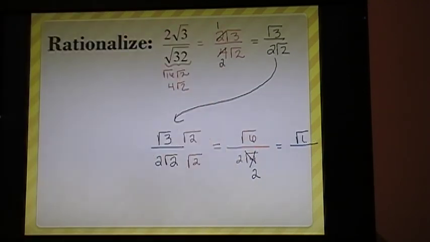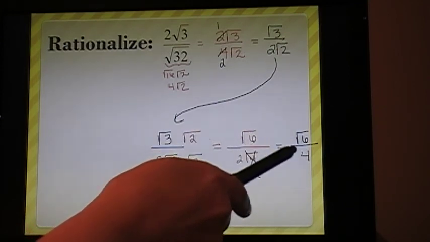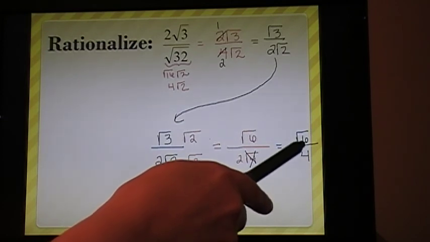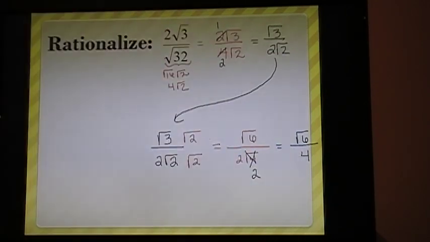So what I have is the square root of 6 over 4. I cannot reduce, right? There are no coefficients out front to reduce with that 4. The square root of 6 is a simplified radical, and I've got no roots in the bottom. So all 3 of my conditions are met. So I can stop. Okay?